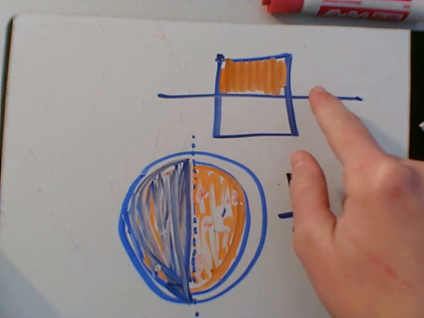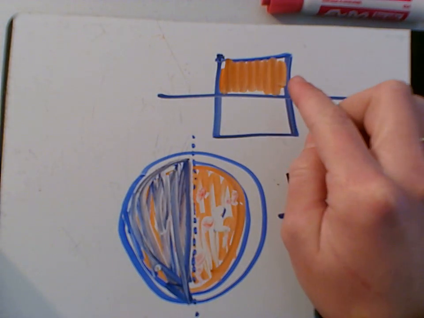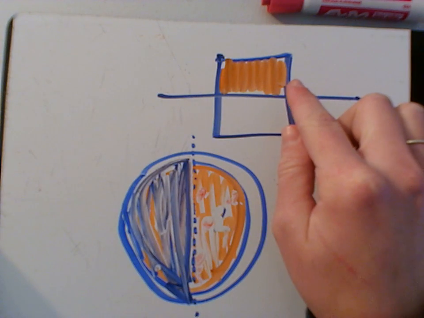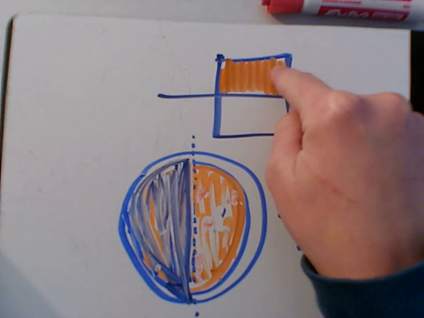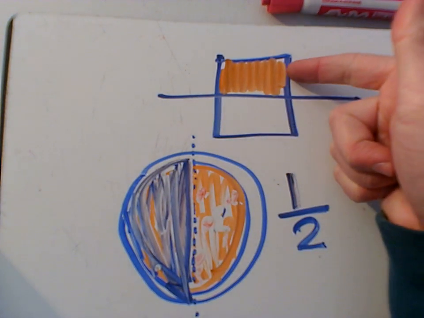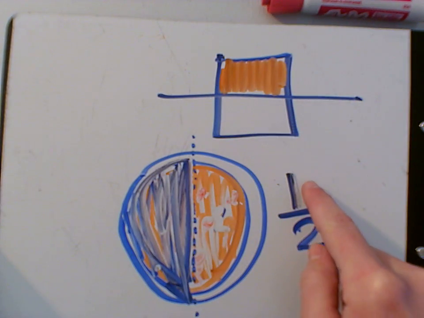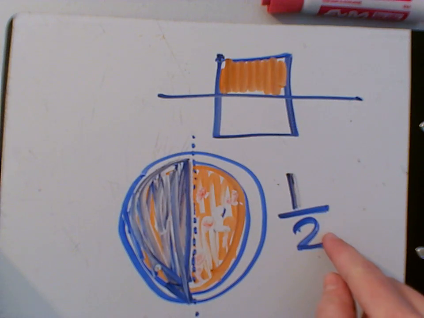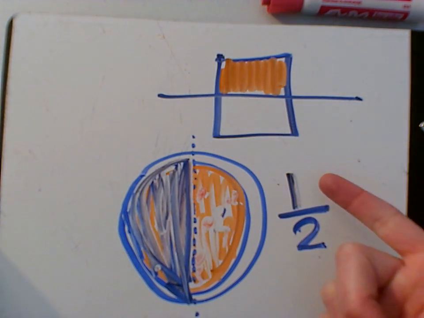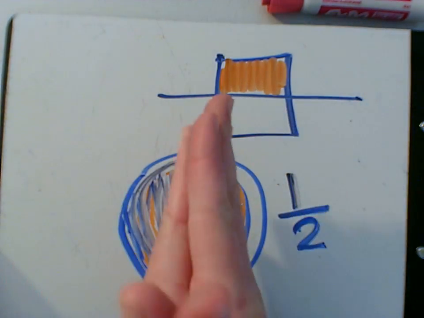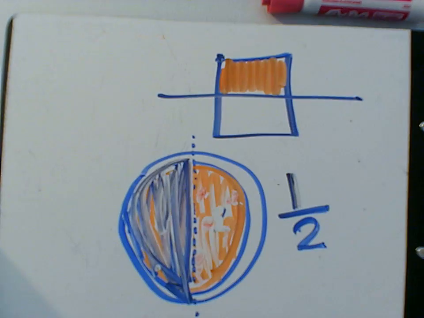You're going to read the shaded part. So I see one shaded part out of how many? 1, 2. So that is 1/2, 1/2. And we like to say, this one's just called 1/2 because you split it in half.